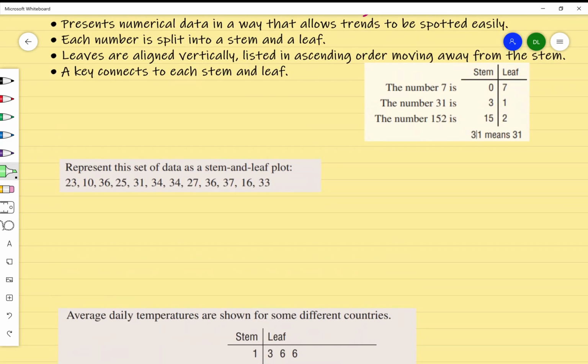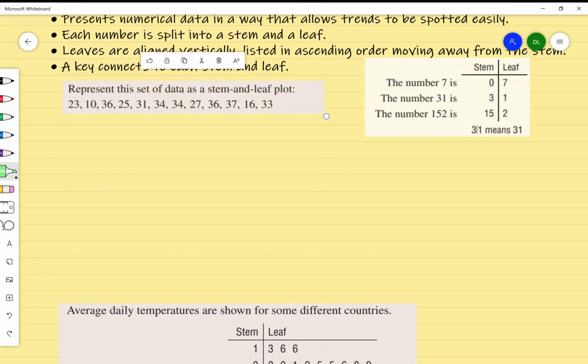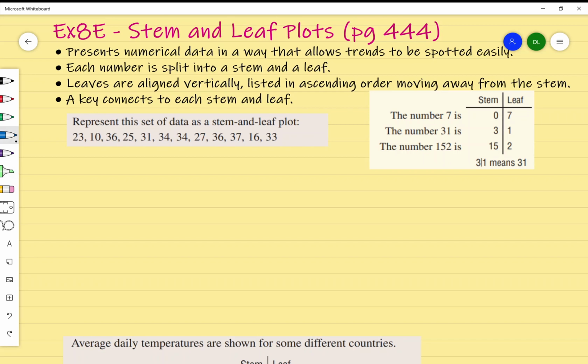For this question, we have to represent this set of data as a stem and leaf plot. The first thing I'm going to do is rearrange these values so that I have them in ascending order. Just a reminder, ascending means increasing order.